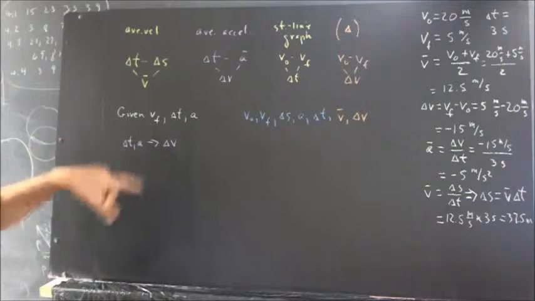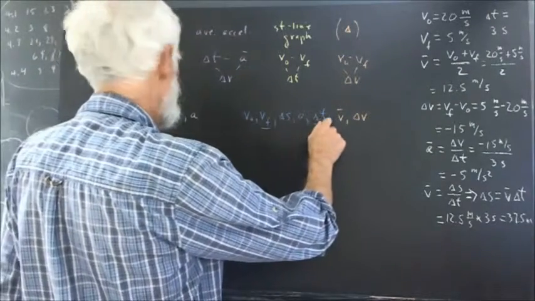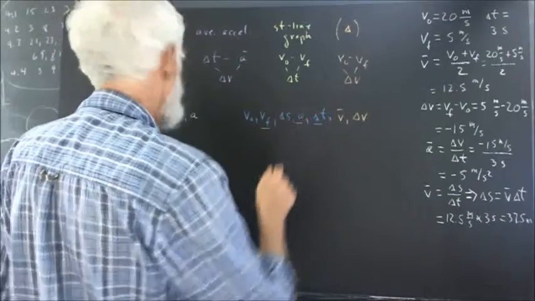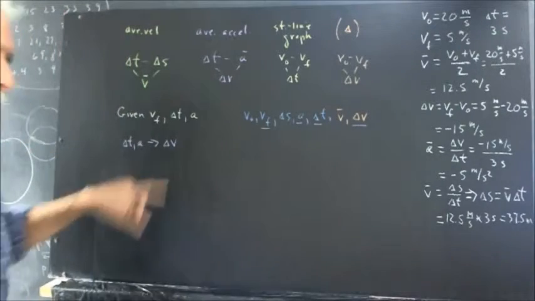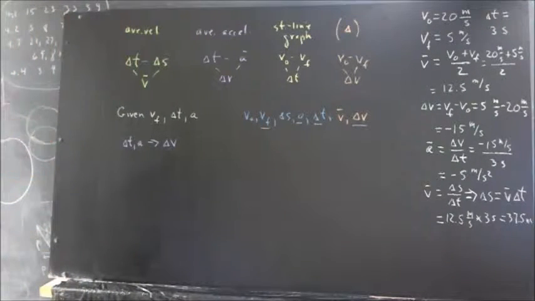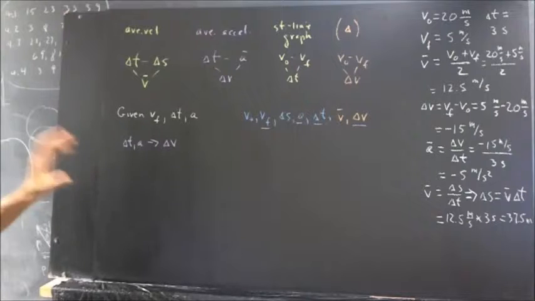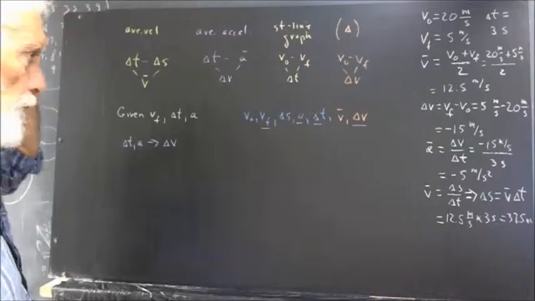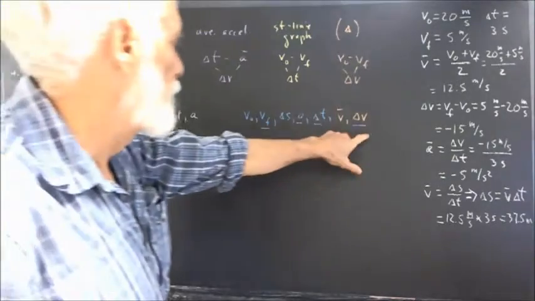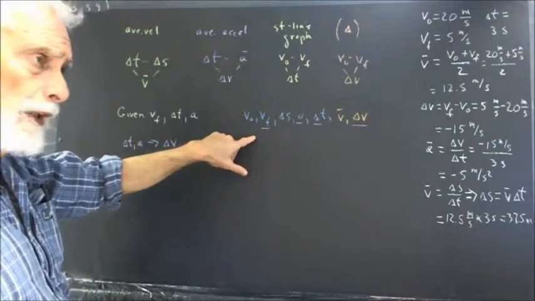Okay, so now we've got what? We started with VF and delta T and A, and we've indicated that we know we're going to be able to find delta V. But we can always go back to our definition and reason it out if nothing really occurs to us. Okay, well, then what? Now we know delta V and we know VF.